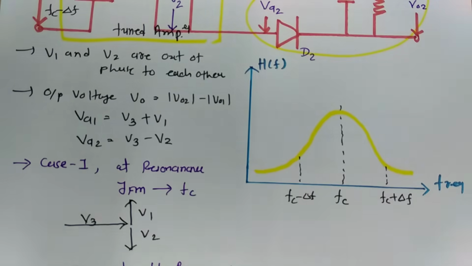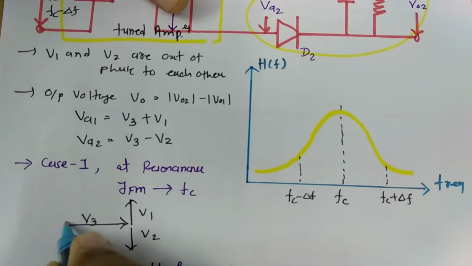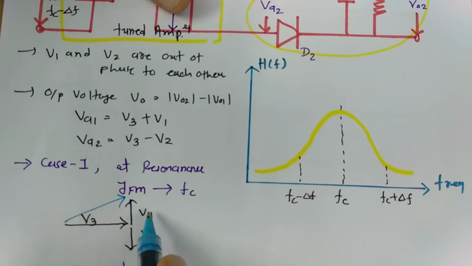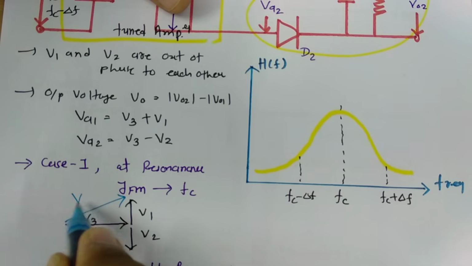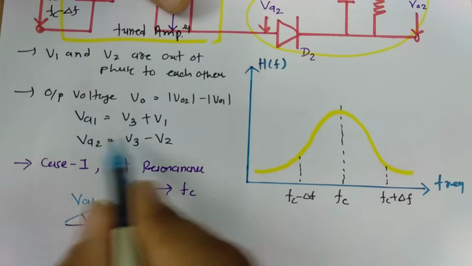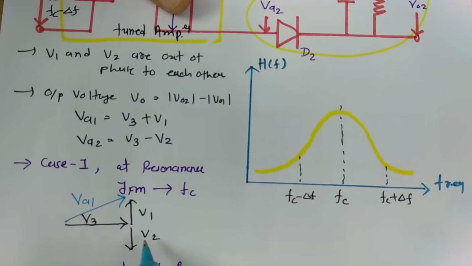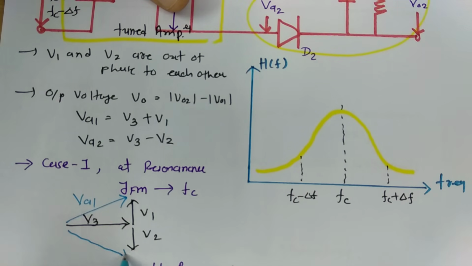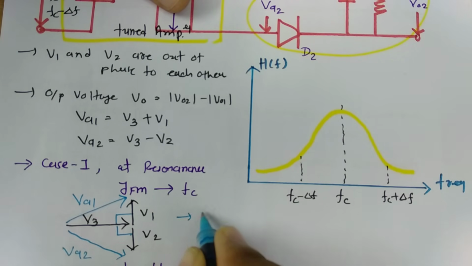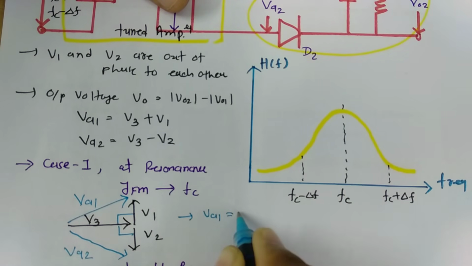So when you calculate VA1, VA1 is the voltage in between V3 and V1, so that will be this, and VA2 will be the voltage in between V3 and V2, so that will be this. That is VA2. Now if you observe over here, this V3 is 90-degree apart from V1 and V2, so VA1 equals VA2 over here.